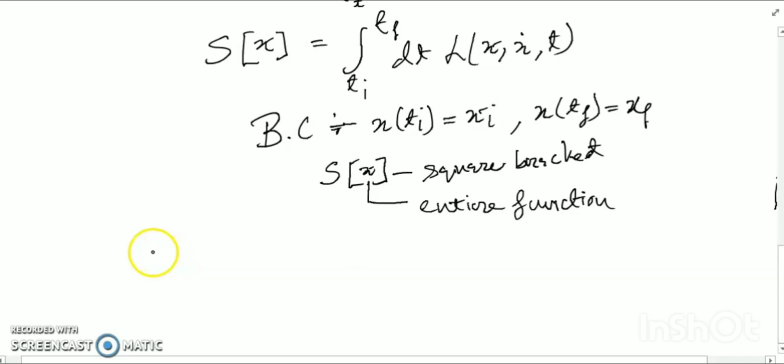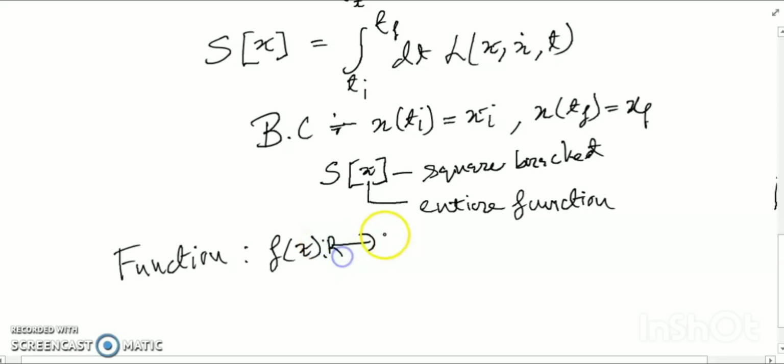So a function maps f: x goes to f of x, such that R goes to R. The domain is the real space.